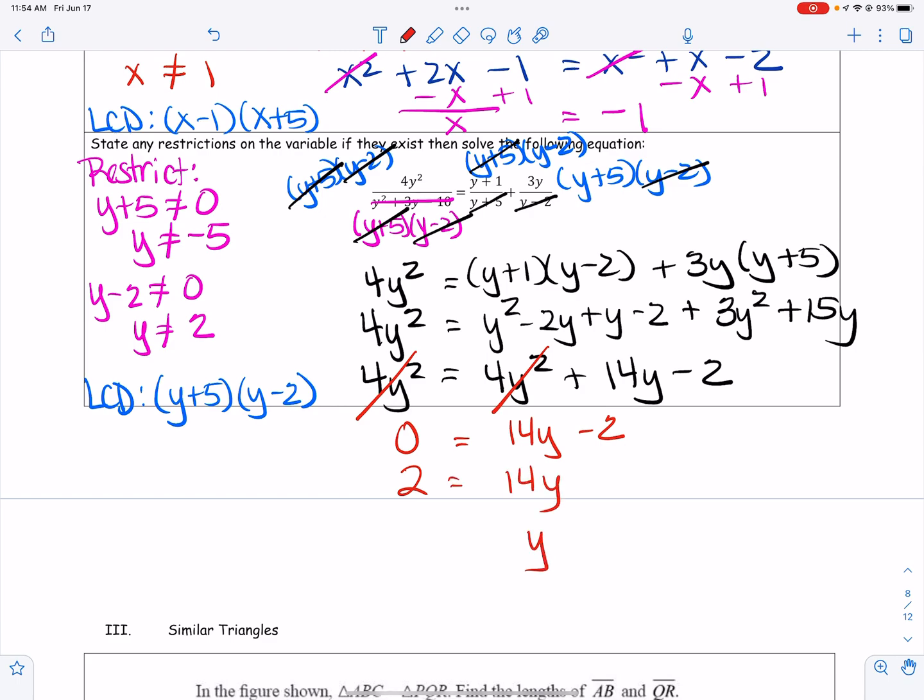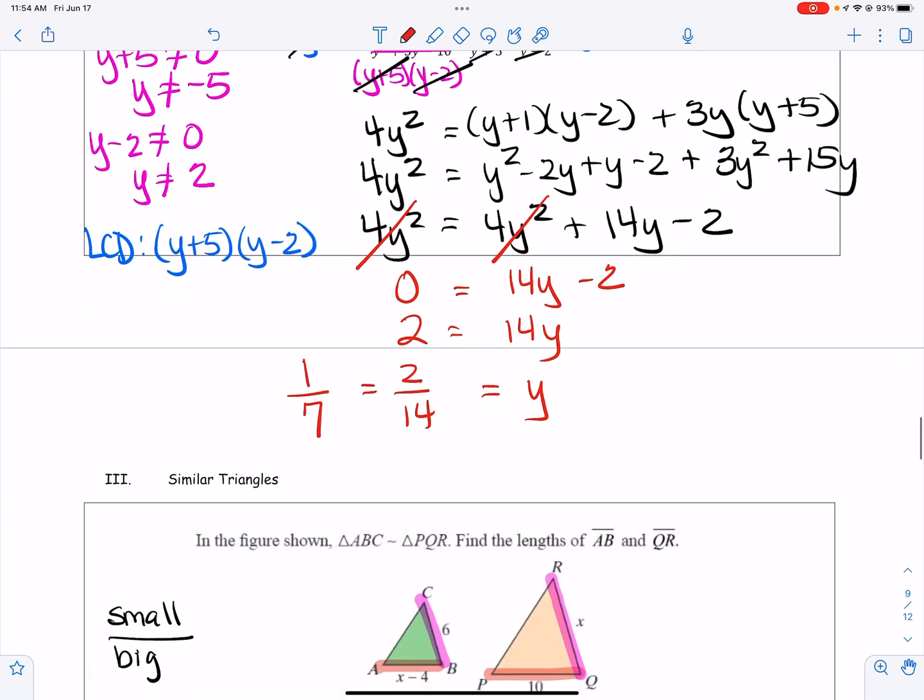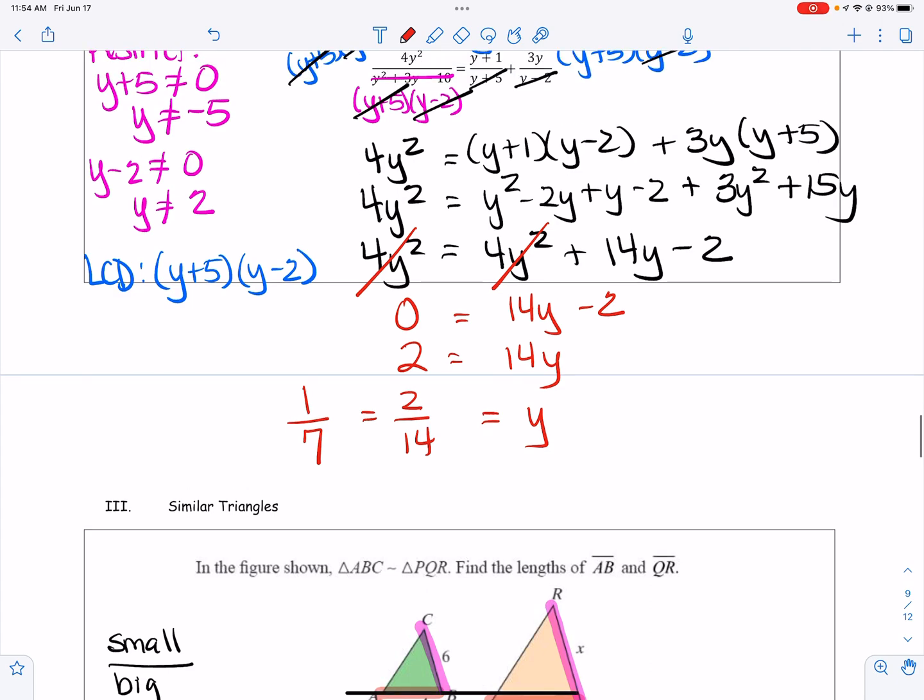We're going to divide by 14, which is going to simplify to 1/7. And since 1/7 was not a restriction, then this is my only solution. So that finishes 14.6 with the solving of rational equations.